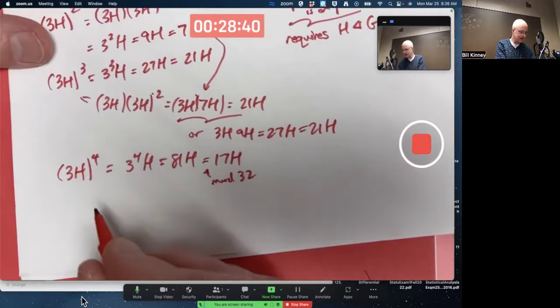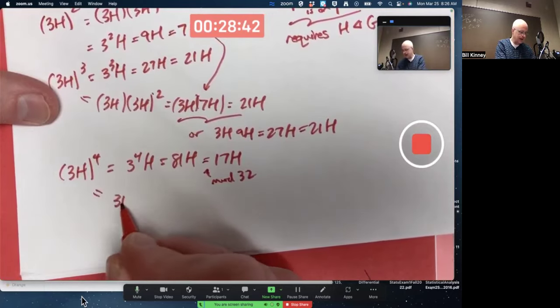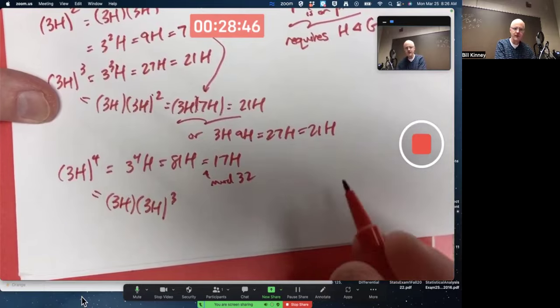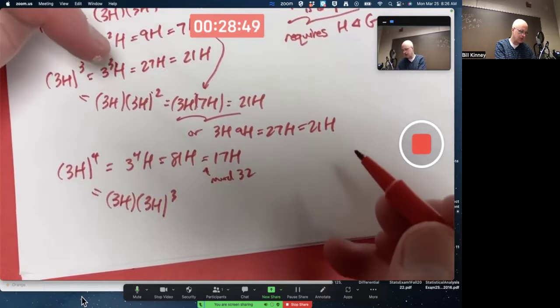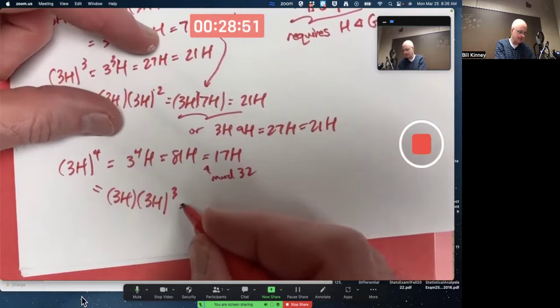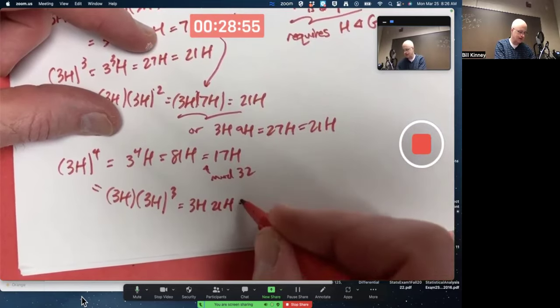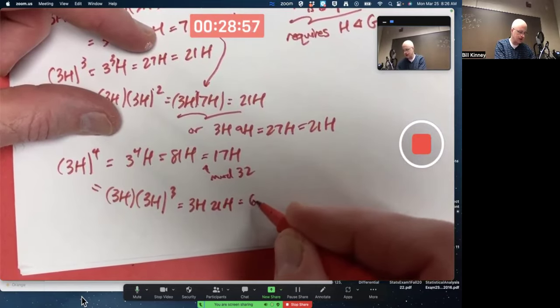I also could have figured this out as 3H times 3H cubed. I've already figured out 3H cubed was 21H. So this is going to give me 63H.